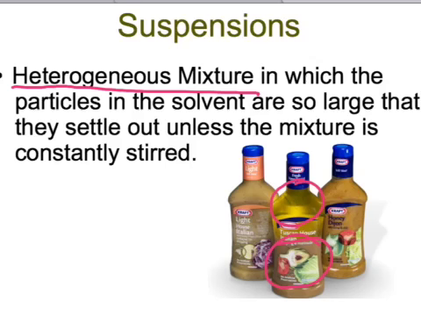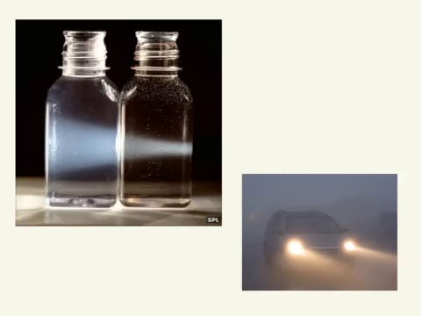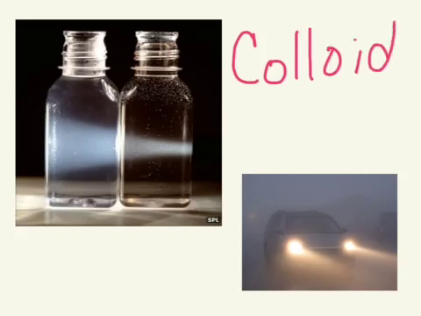That's considered a suspension. The second type of heterogeneous mixture that I wanted to talk to you about that has a special name is a colloid. It's a kind of a funny word. But colloids are mixtures in which the particles are somewhere between a heterogeneous mixture where they're big and chunky and floating around and a homogeneous mixture where they're microscopic and you don't see them at all, so it looks like one thing.